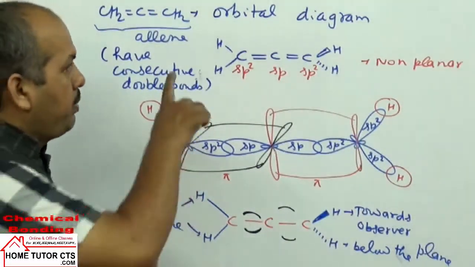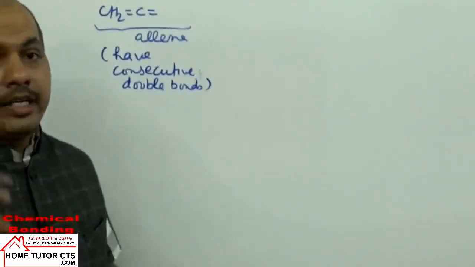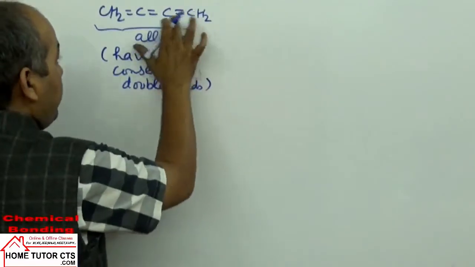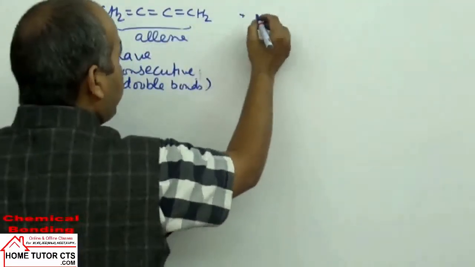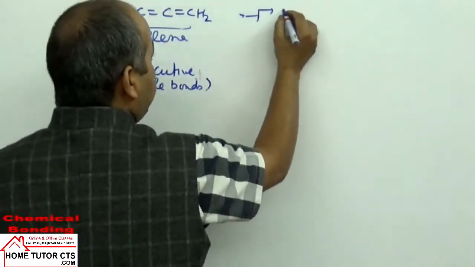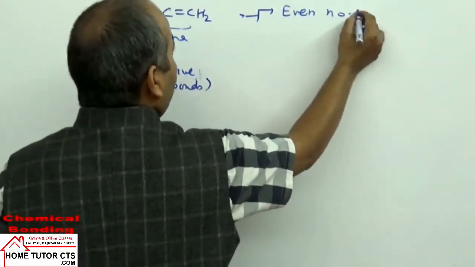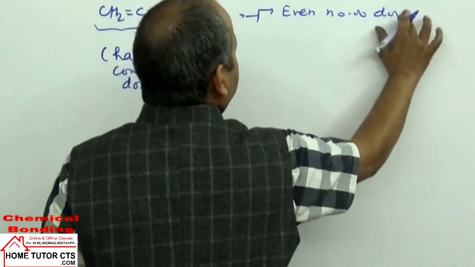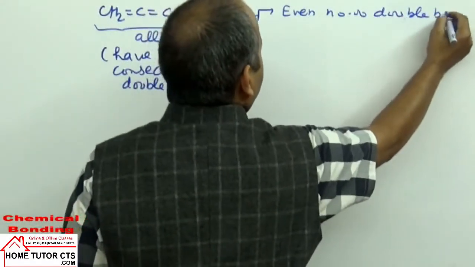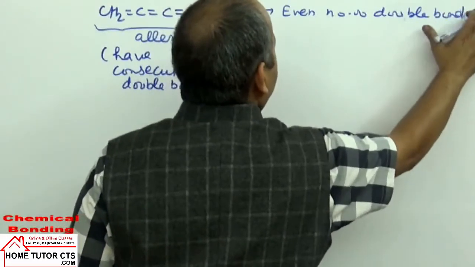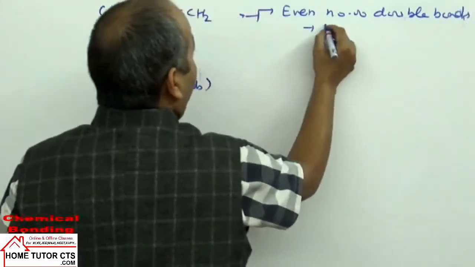How? I will explain to you. Now if you take the example of an allene which has 3 double bonds, you can remember directly as a shortcut here: allenes having an even number of double bonds, like 2, 4, 6, are non-planar.